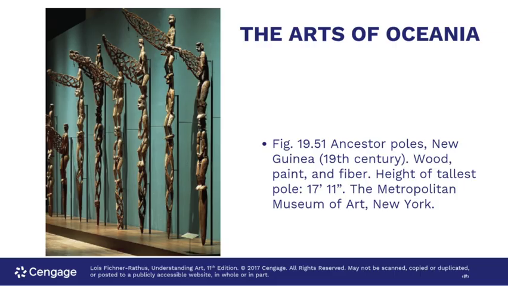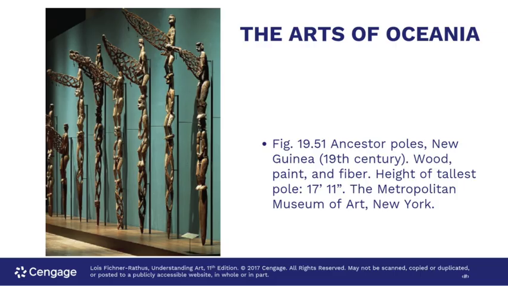These poles are carved figures stacked one on top of each other, and they have some open areas as well, some negative spaces, and they are carved from a single mangrove tree. The points would have been shoved into the ground, and these particular ones would have been from the mid 20th century.